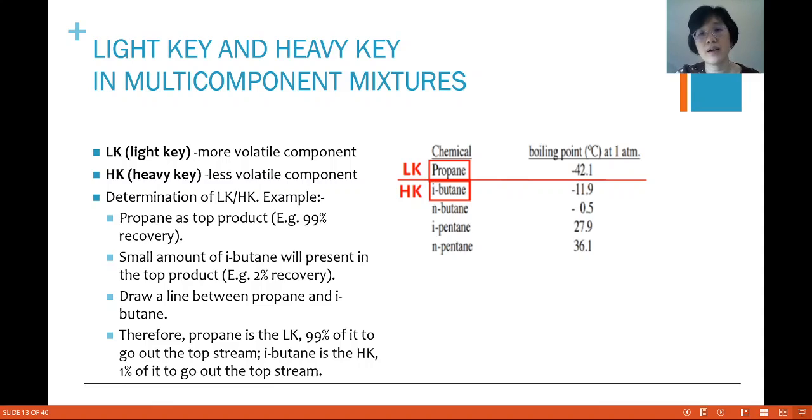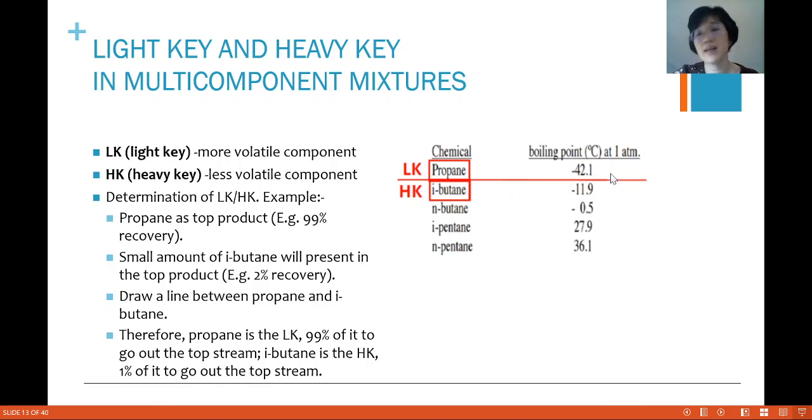Of course, if we put this in a distillation column, we are able to get a top product which is dominated by propane, which has the lowest boiling point here.